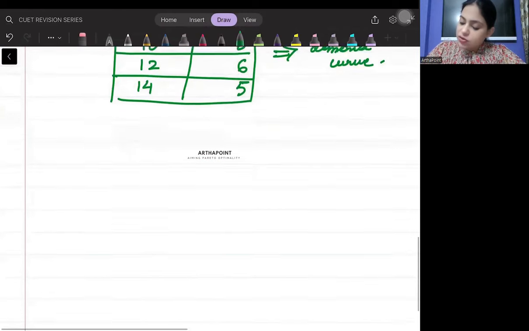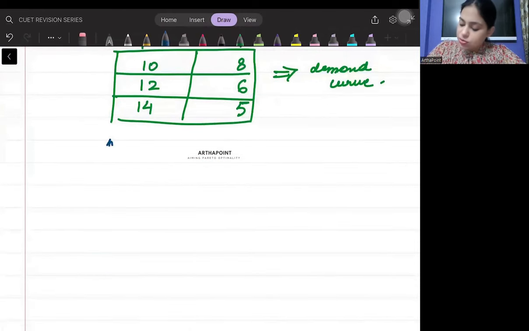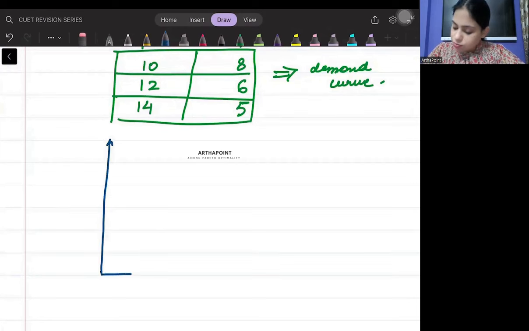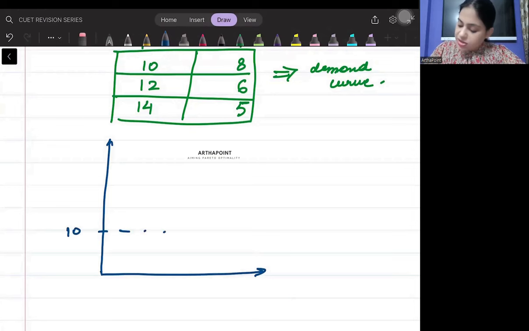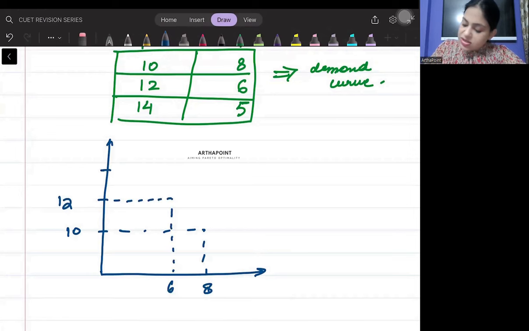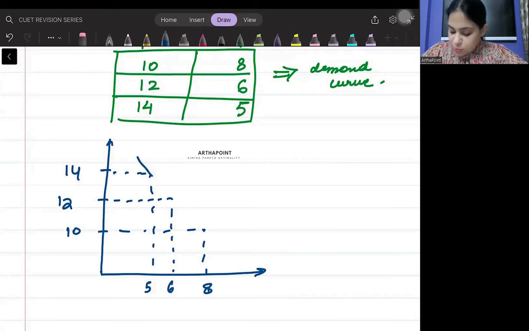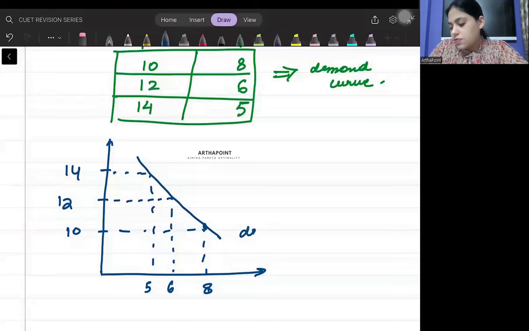So the demand curve shows a graphical representation, that when price is 10, the quantity is 8. When price is 12, the quantity is 6. When price is 14, the quantity is 5. I join these points and I get a demand curve.